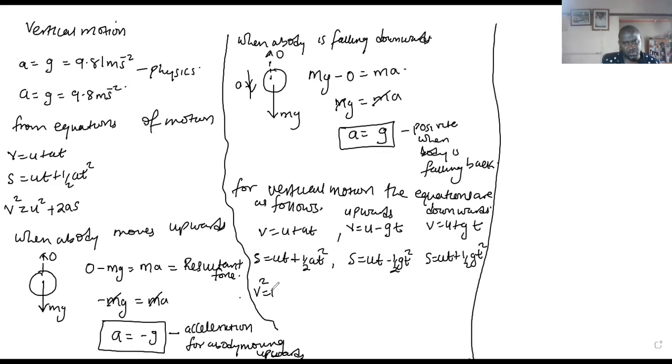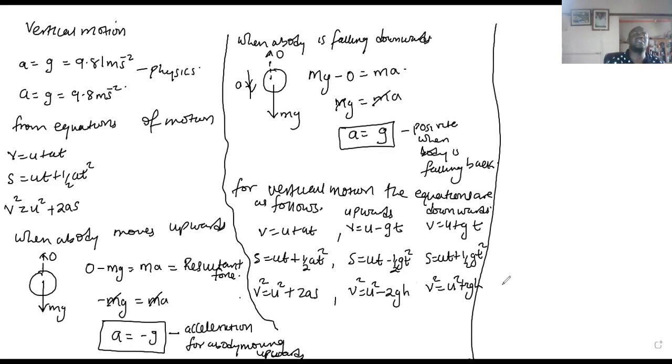Then v squared is equal to u squared plus 2as. With this, v squared is equal to u squared minus 2gh for the height, and v squared is equal to u squared plus 2gh when it's coming down.